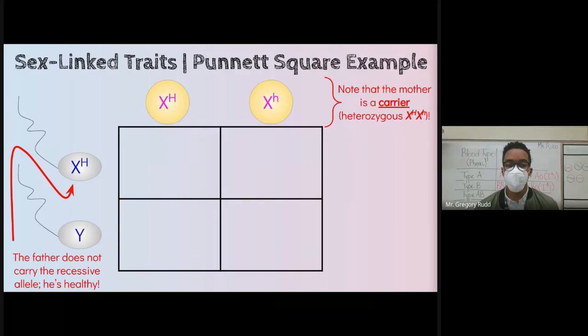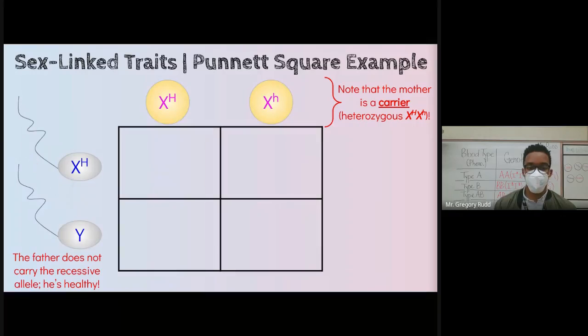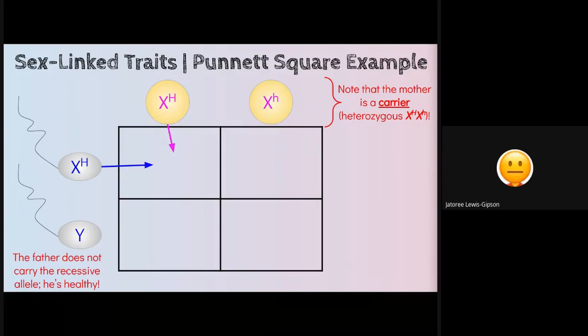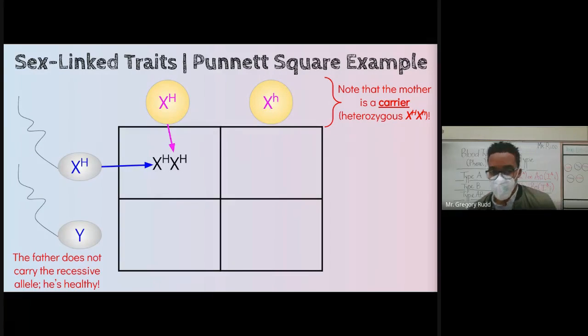What's the genotype of the top left box? X capital H and X capital H. Yeah, good. So this would be a homozygous dominant.